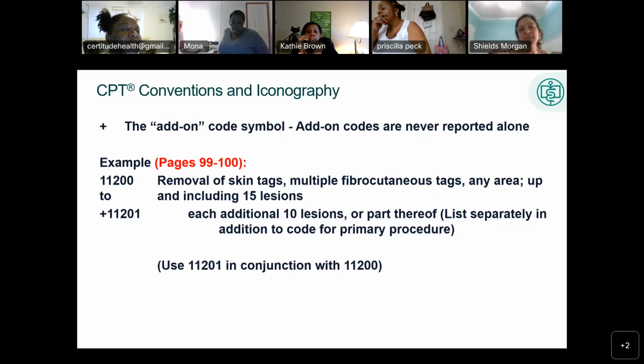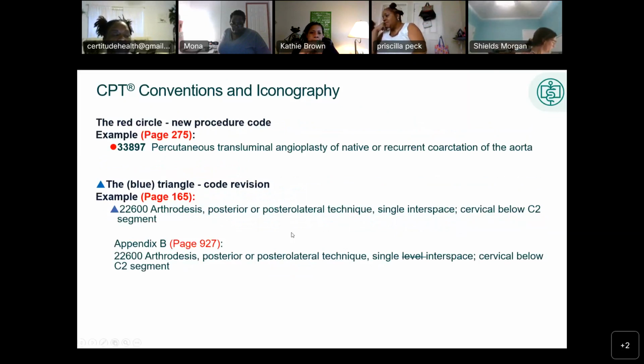I was thinking 10 and 10, like 10% versus the 15. So it's 15. I was doing the math wrong. Okay. So if it was 30, for instance, you would need 11200 once, then 11201 twice. Yeah. Absolutely. All right. Anyone else have any questions?